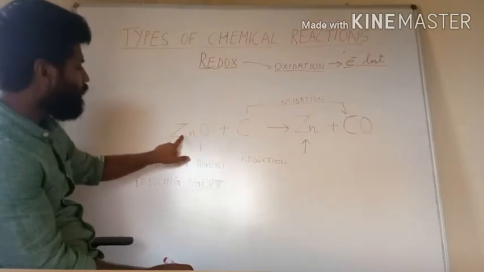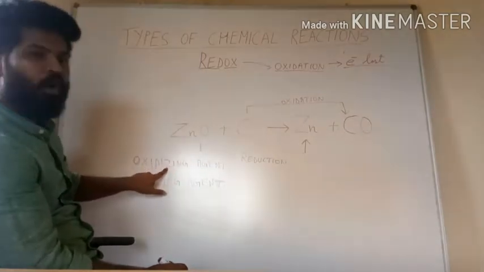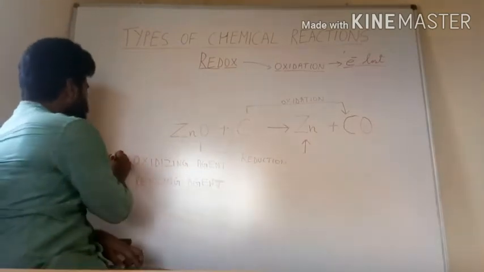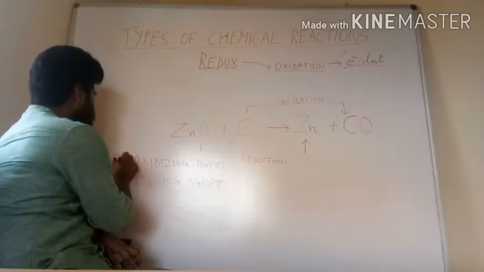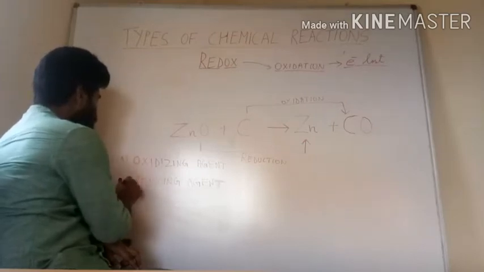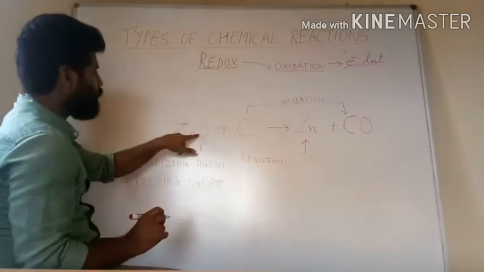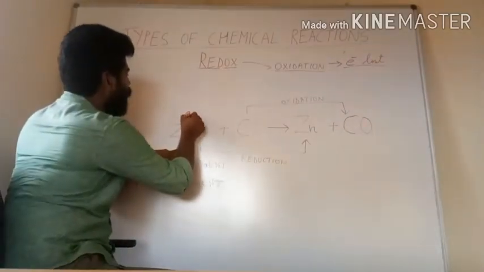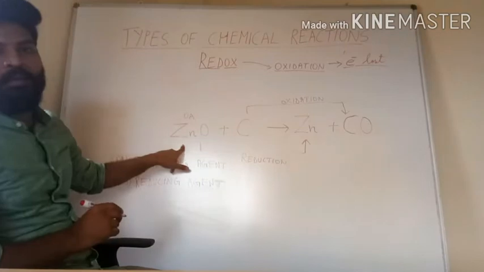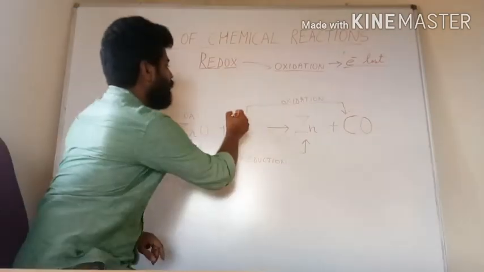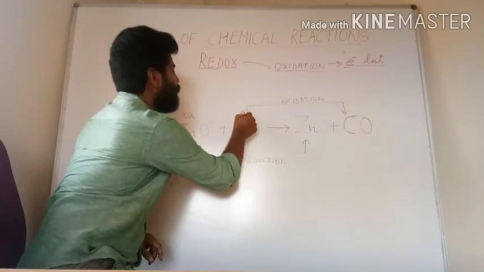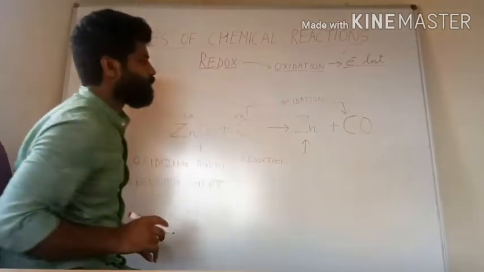Therefore, zinc oxide in this case will be our oxidizing agent, which we will show in short form as OA, and the reducing agent will be RA. So zinc oxide is our oxidizing agent. Automatically carbon will become the reducing agent.